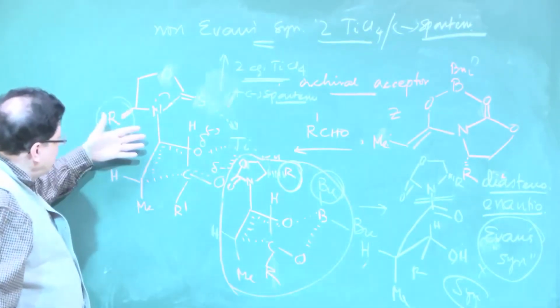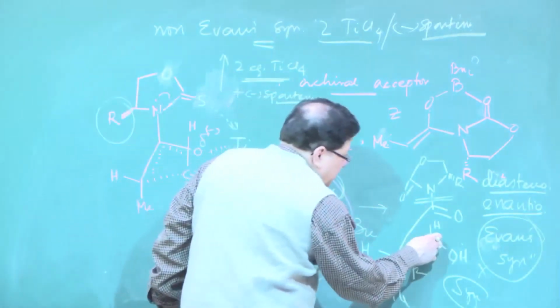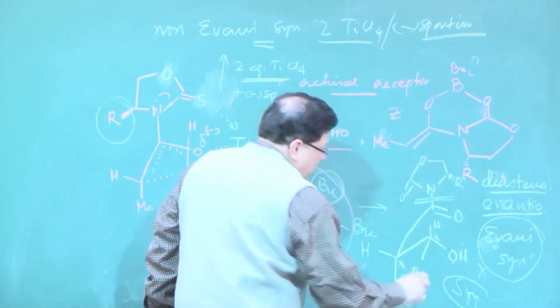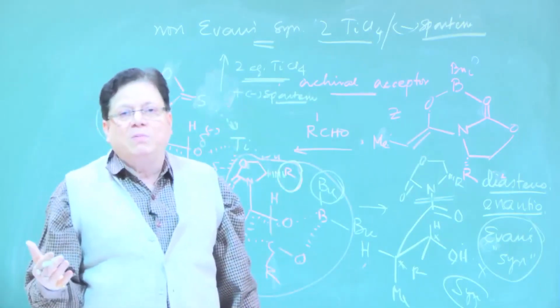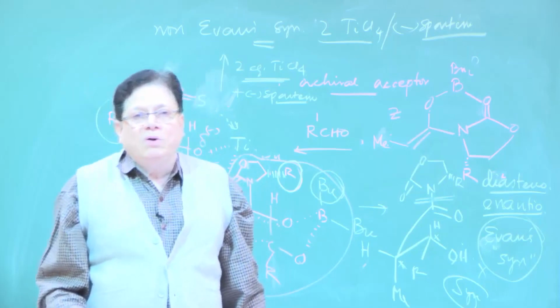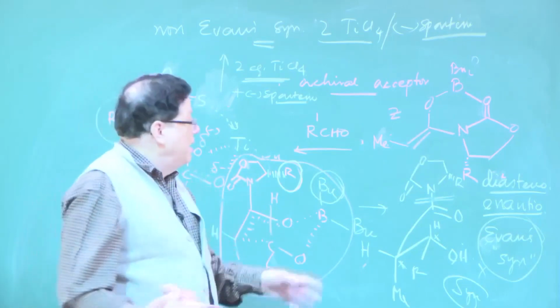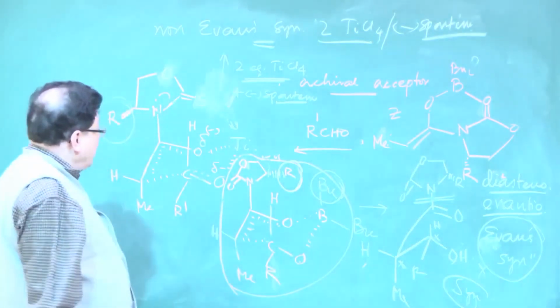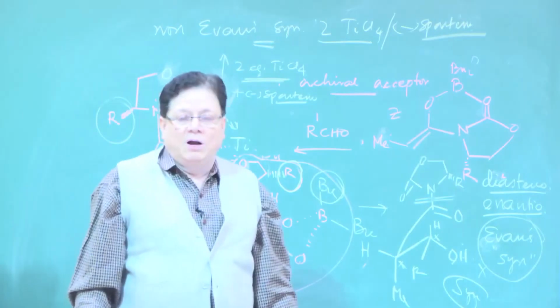So, the aldehyde will approach from the back side, and that will invert both the stereochemistries, but then you will again get another syn compound, and that will be called the non-Evans syn compound. Okay. So, that is one beautiful example of a chiral auxiliary based aldol reaction.